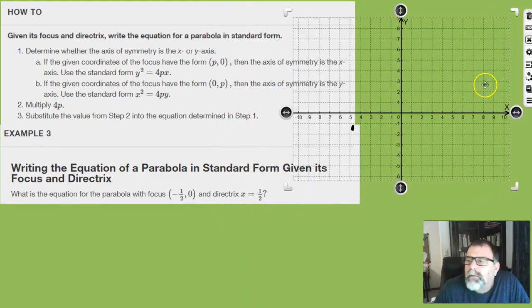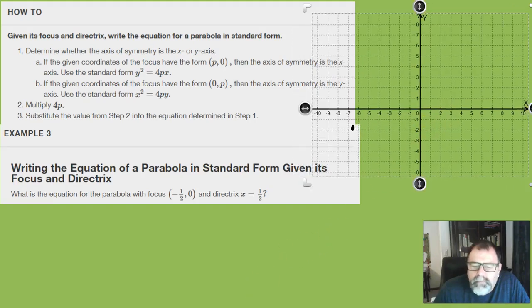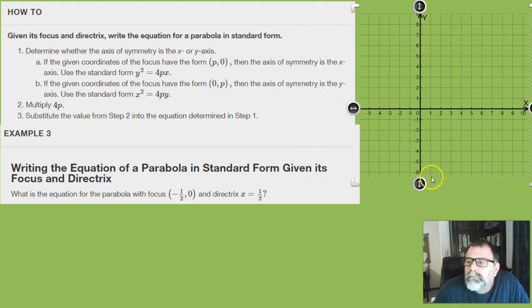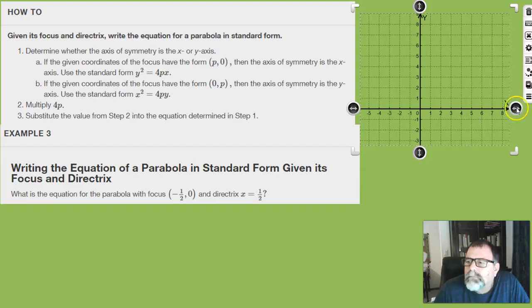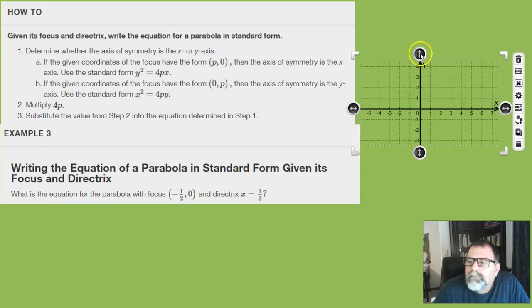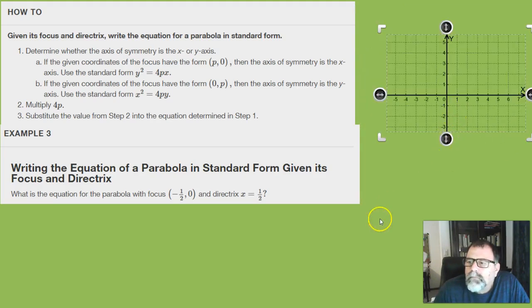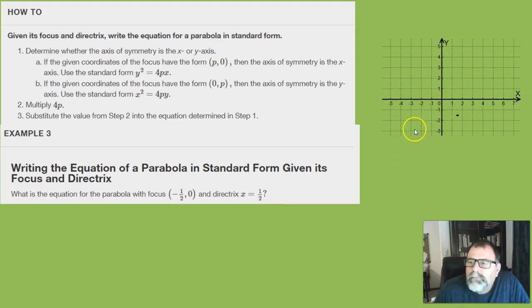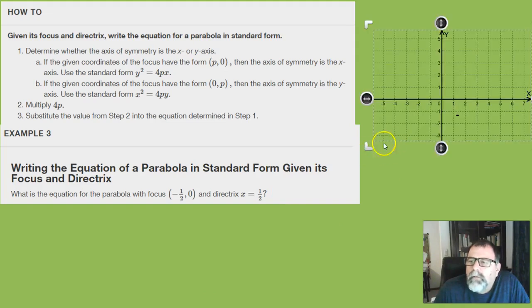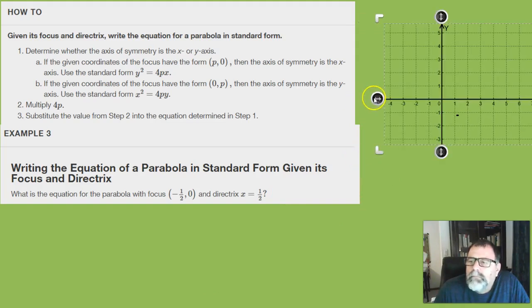I don't even do a big graph like that. So we got negative 1/2, 0.